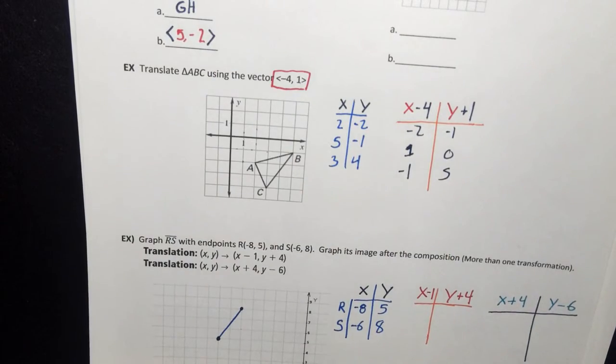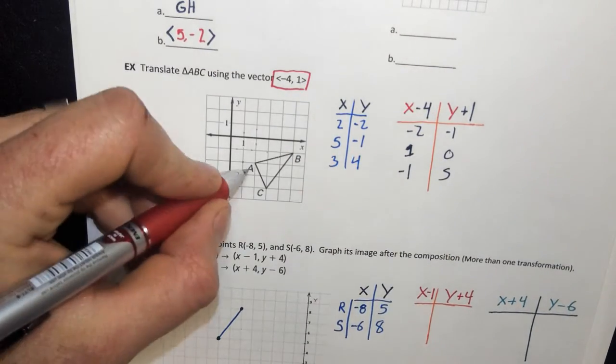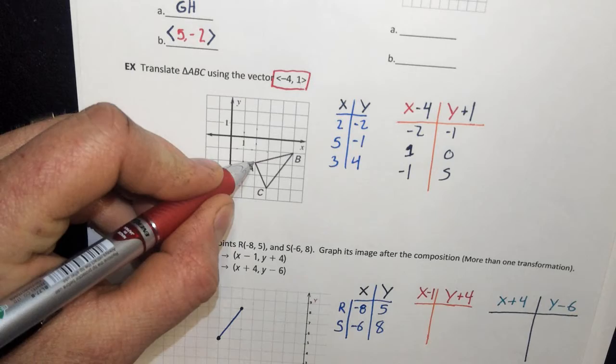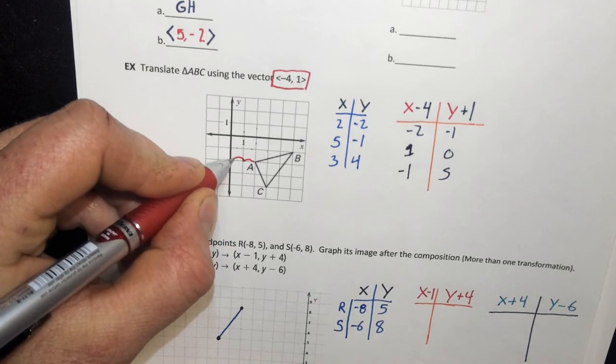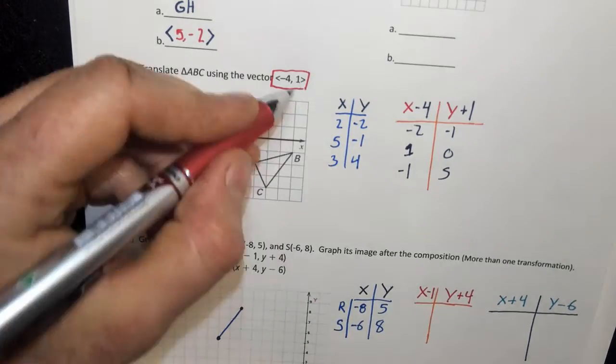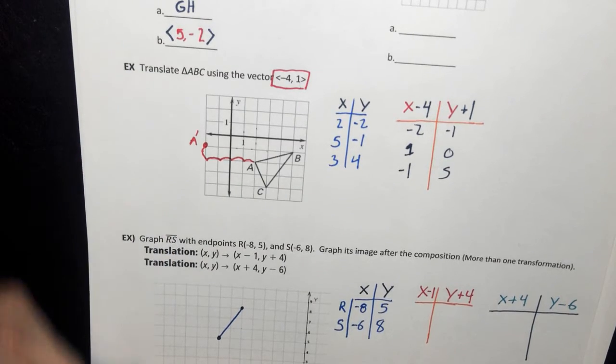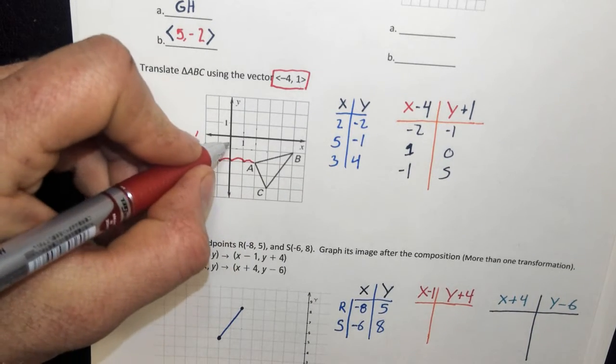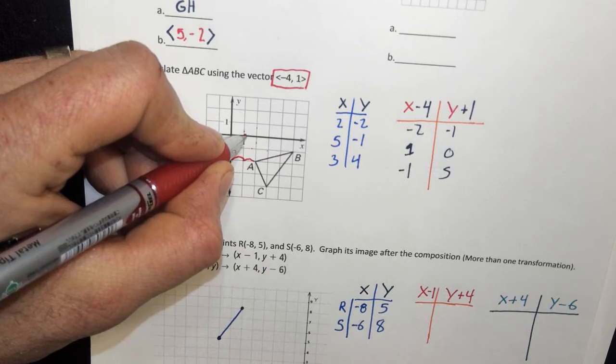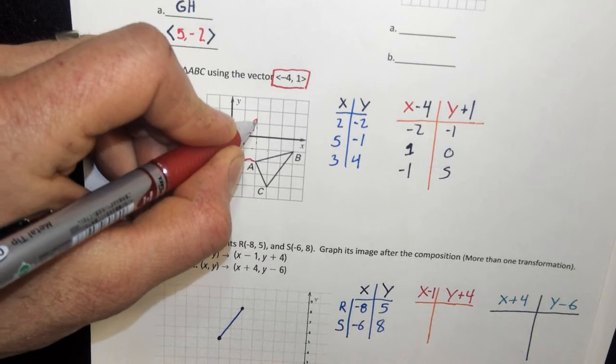You can also get this job done by actually counting on the picture. You can use negative 4 to take you to the left 4 units. And you can use positive 1 to take you up 1 unit, and that will tell you where your new location is right there. It doesn't matter which technique you use, whatever one you like is the one that you should use because it'll be most comfortable to you.